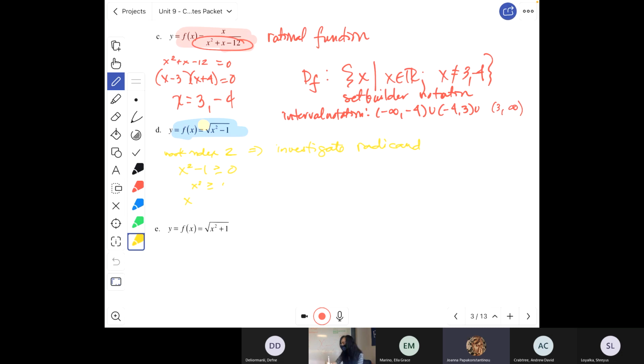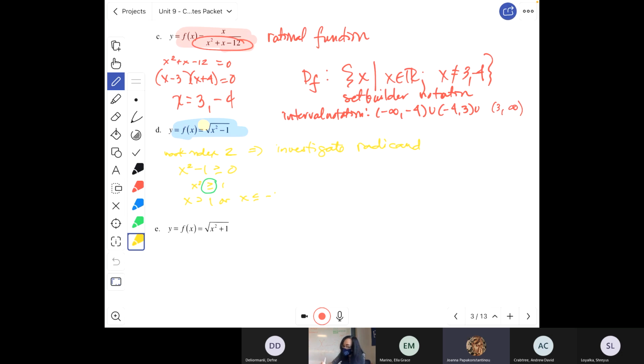Is this an and or an or? Oh, it's an or, isn't it? So x can be greater than 1 or less than -1.